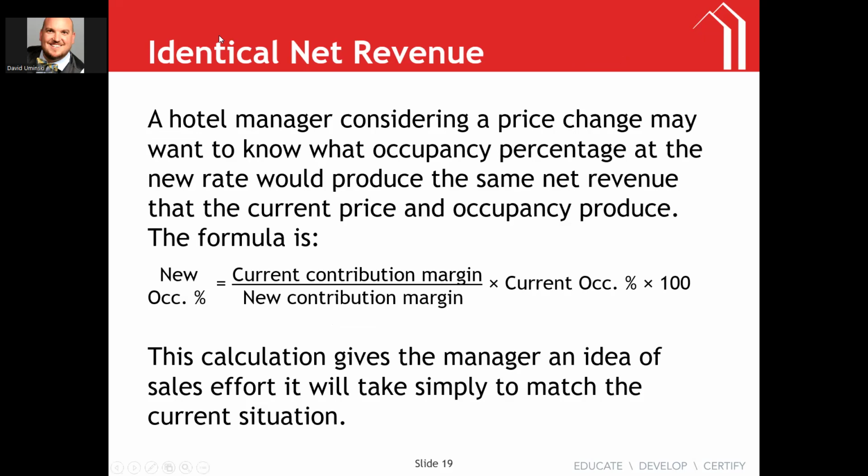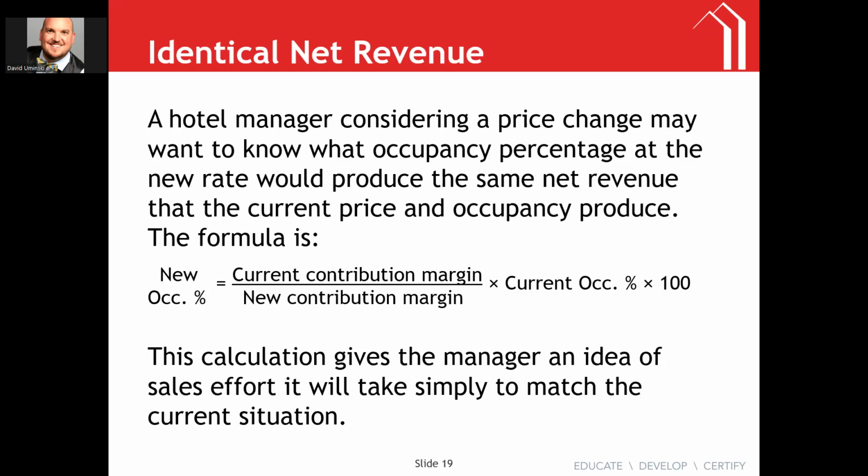This is a concept called identical net revenue, okay? Remember, net revenue is what we get after we've taken out all of our costs and our expenses, right? And so sometimes we might look and see, do we want to increase our rate? Do we want to decrease our rate? Maybe we're not getting as many reservations as we thought we were going to get. Maybe our occupancy isn't high enough.